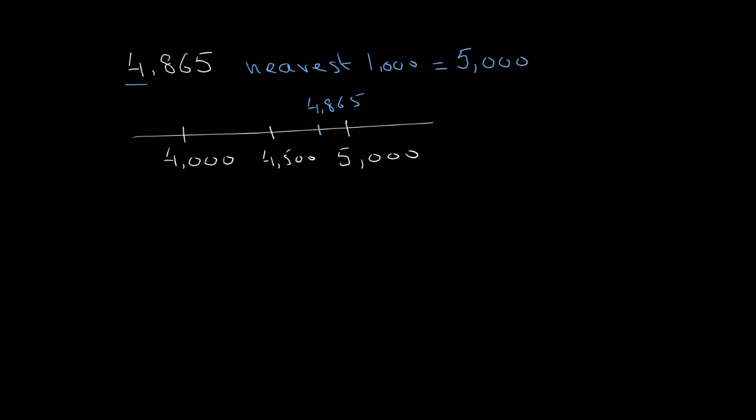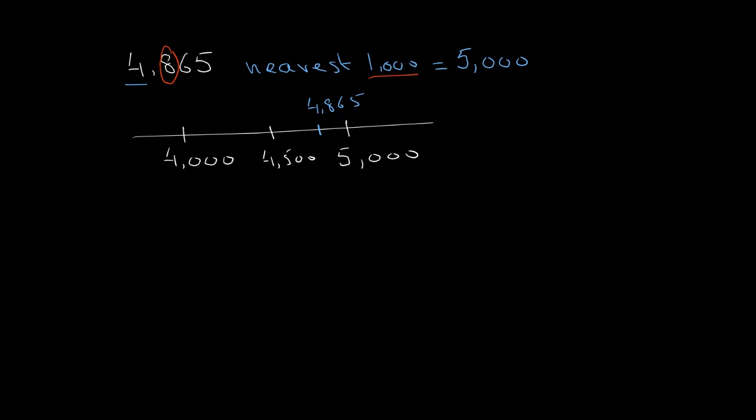We are applying the same principle here. Now I could have done it the same way as I did earlier. Since I'm doing it to the nearest 1,000, I'm going to look at the hundreds place, which is to the right of the thousands place. The hundreds place is an 8, which is greater than or equal to 5. So I'm going to round up the 4 to 5 and put zeros to get 5,000.